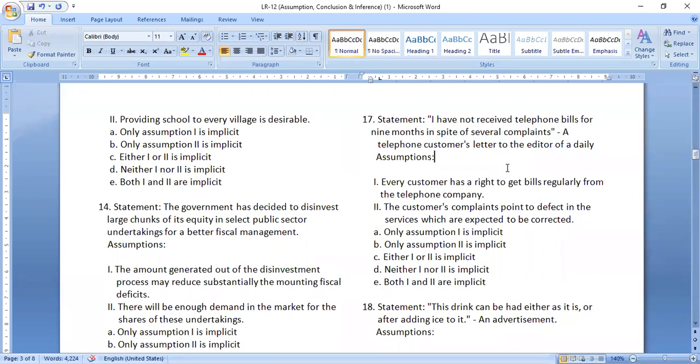Now, assumption 2, the customer's complaints point to defect in the services which are expected to be corrected. Yes, sir, it's implicit, right? I think they're both implicit.